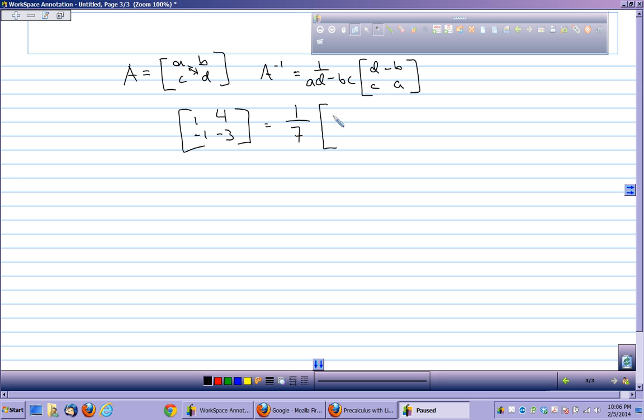So I'm going to put the -3 up here, and put the 1 down here, and then I am going to make this sign negative, and I'm going to make this sign the opposite of what it was. This should be minus C over here, okay?